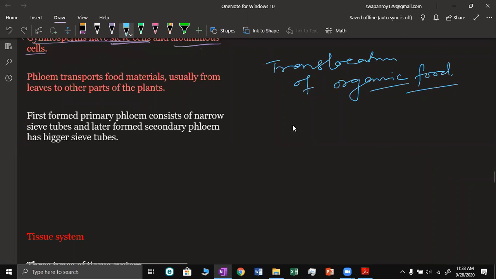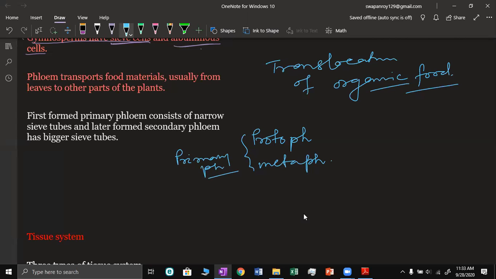Here also, like in xylem there is protoxylem and metaxylem, in phloem there is protophloem and metaphloem. These are the part of primary phloem, and there is secondary phloem.